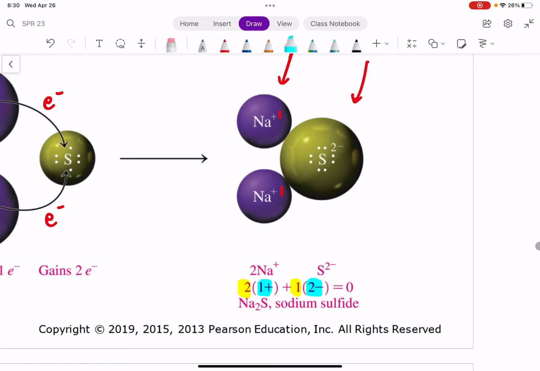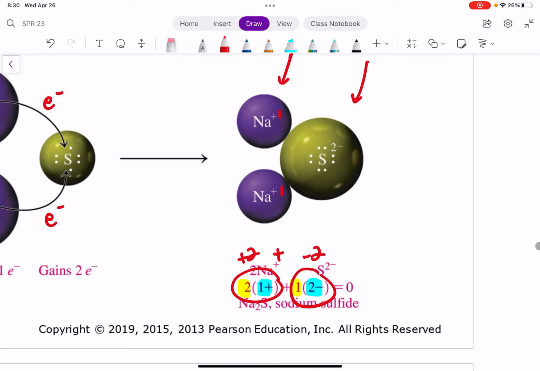Okay, so we have 2 sodium ions. Each has a 1 plus charge. And then we're adding that to our 1 sulfur, which has a 2 minus charge, and that is equaling 0. Why is that? Well, when we multiply the 2 times positive 1, we get positive 2, and negative 2 times 1 is negative 2. So we have a positive 2 and a negative 2. What's positive 2 plus negative 2?